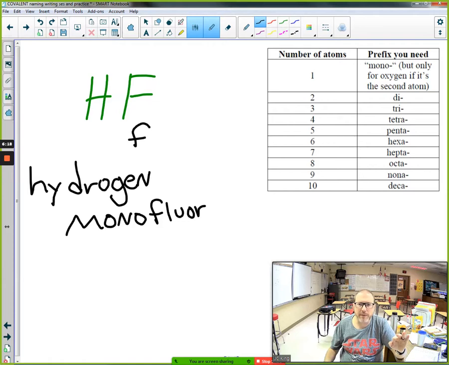So if it's fluorine, we're going to drop the "ine" off of it, and we're going to add the suffix "ide," I-D-E. And so this right here is hydrogen monofluoride.